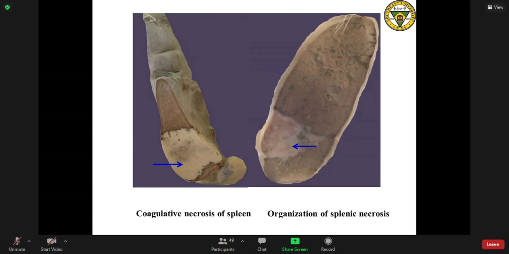The necrotic tissue coagulation can remain the structure. So this area is pale or white. And we notice the border. Here is the border of the normal and abnormal. The border is very clear here.